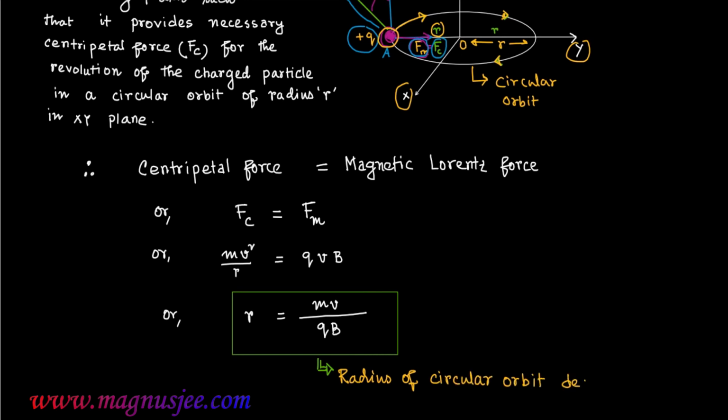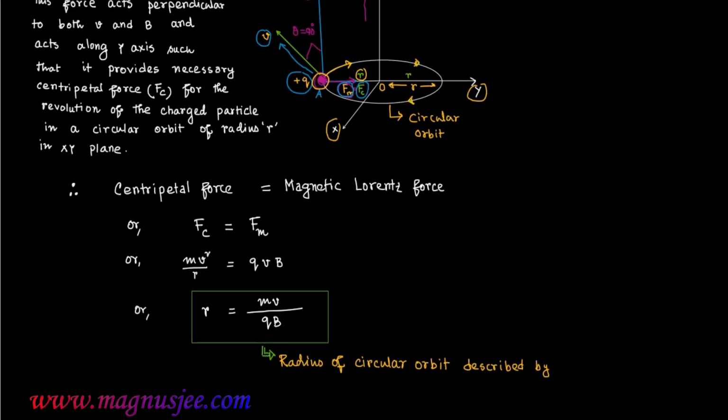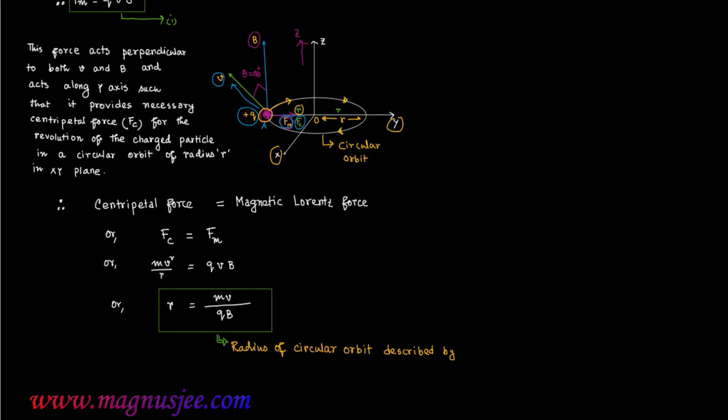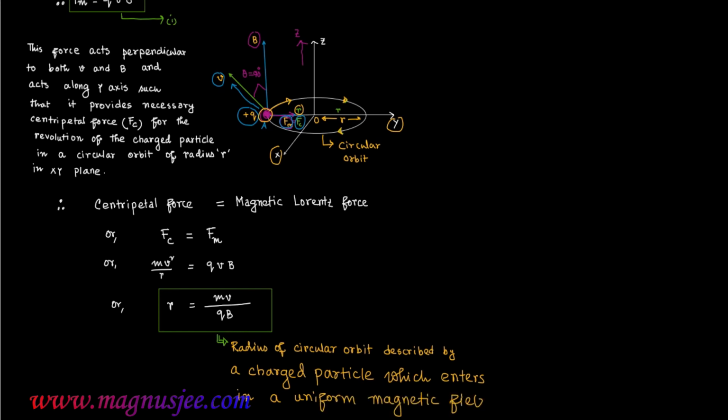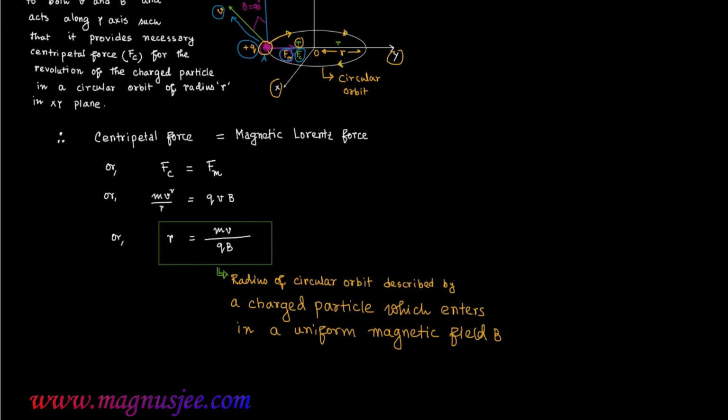This is the radius of the circular orbit described by a charged particle which enters a uniform magnetic field B perpendicularly.